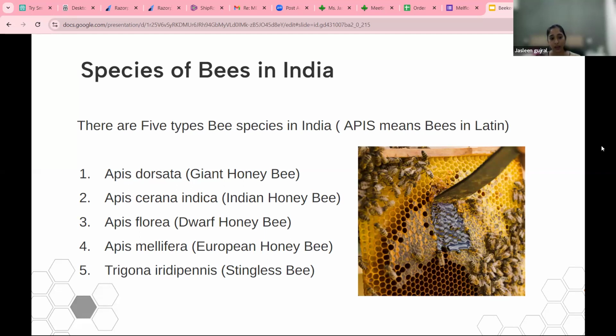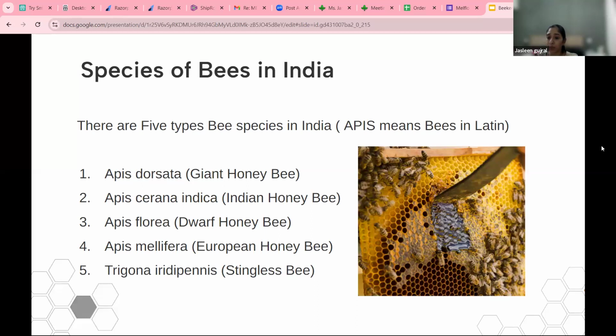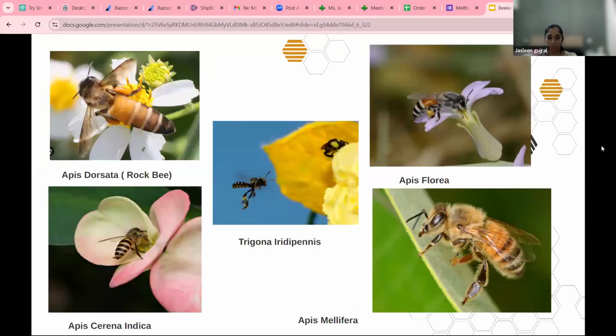The last is Trigona irridipennis, a stingless bee. Apis means bees in Latin. So these are the 5 types of bees.